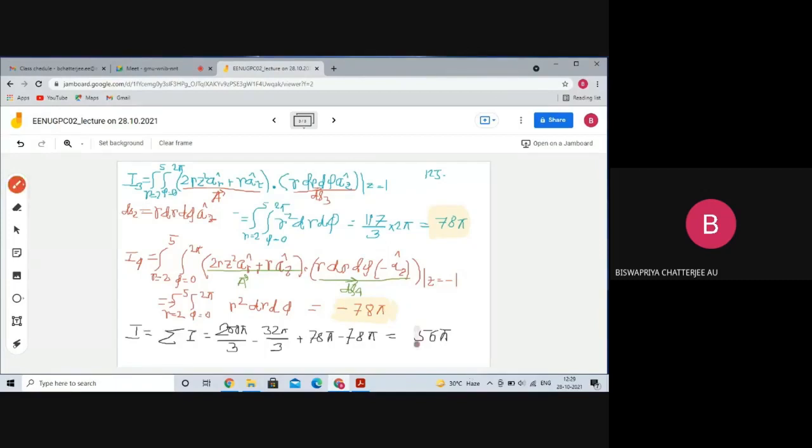Now we have to verify this 56 pi, by integrating the right hand side and checking whether the right hand side value is 56 pi or other. If it is 56 pi, then we can say that this divergence theorem is verified. So let's do that.